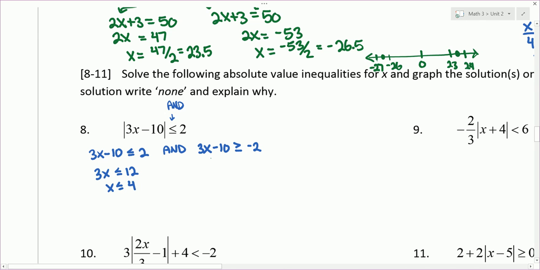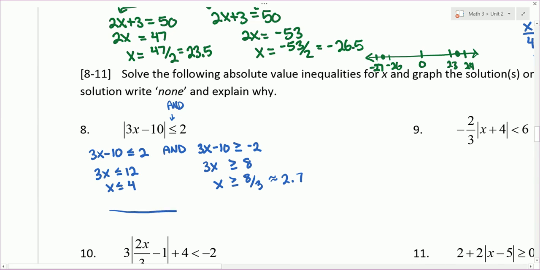And on the second equation we're going to add 10 again and divide by 3. 8/3 as a decimal is roughly 2.7. Okay, so between 2 and 3.